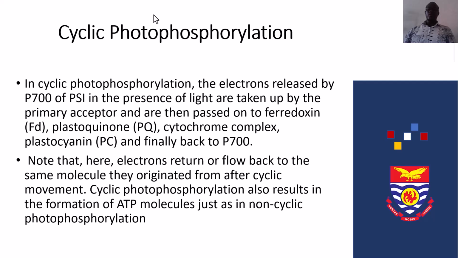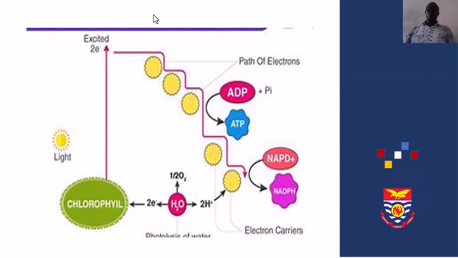Cyclic photophosphorylation also results in the formation of ATP molecules, just as in non-cyclic photophosphorylation. So the diagram is as discussed. You have chlorophyll, you have light, the excited state, and the pathways of electrons through the various photosystems.